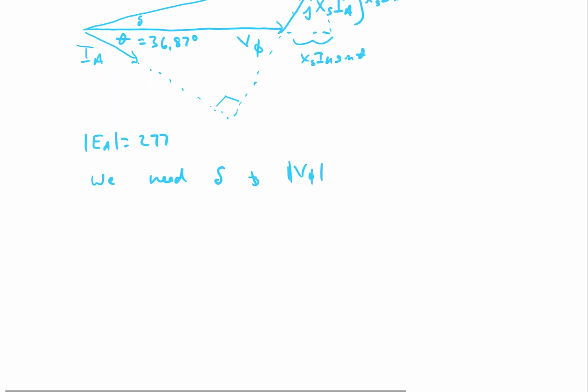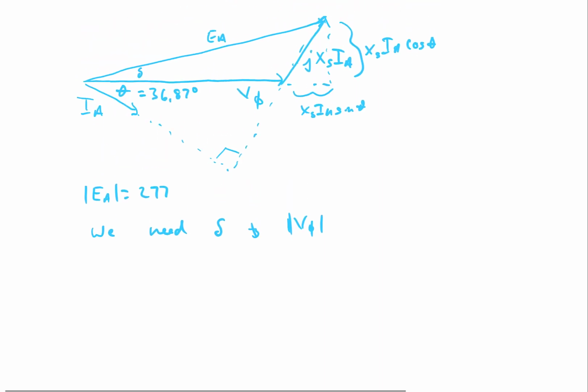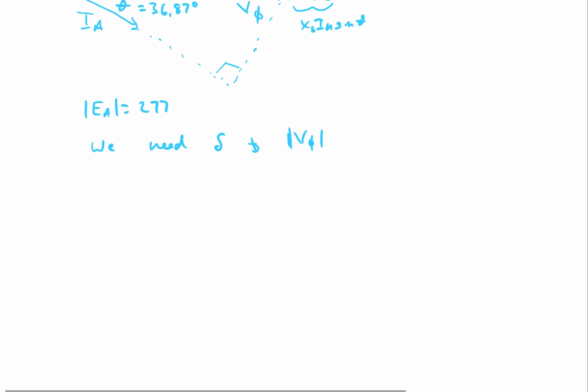Okay, but from the figure and the right triangle that we have here, we can write the following equation. EA squared is equal to (V phi plus XS IA sine theta) squared plus (XS IA cosine theta) squared.